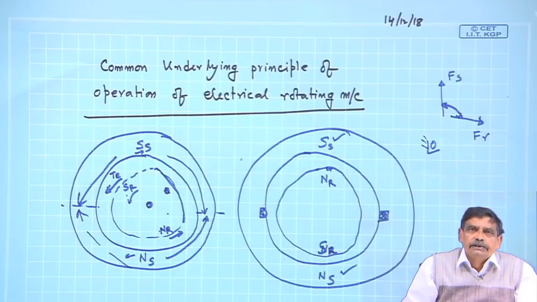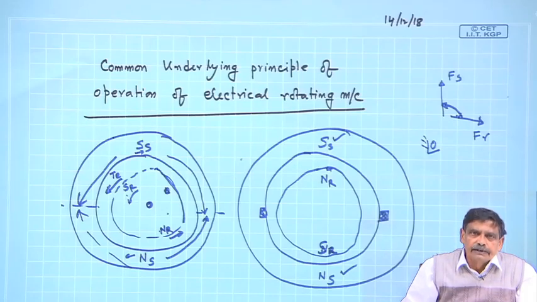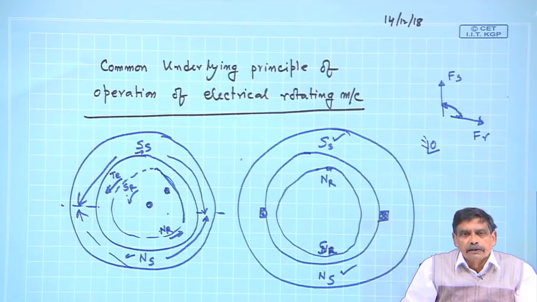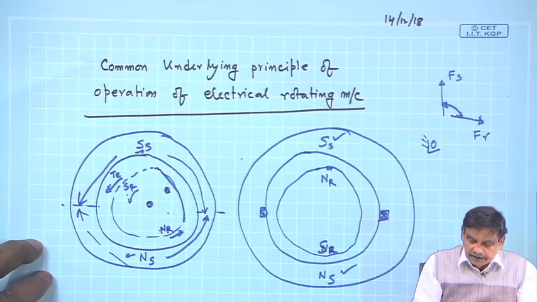Then only can this machine produce a steady constant electromagnetic torque, which is required if the motor operates at steady state conditions against a constant opposing torque. That was the first thing.